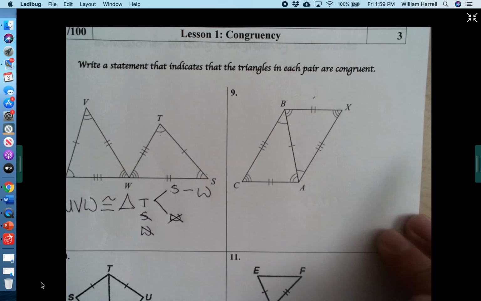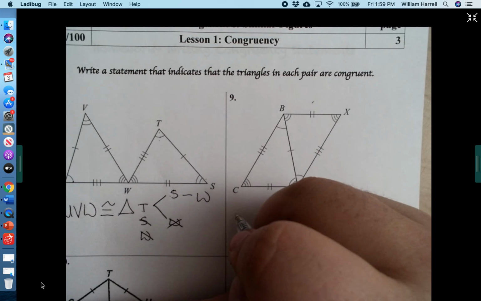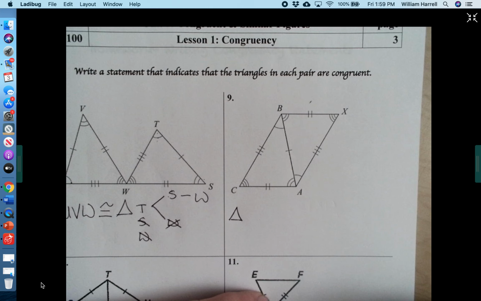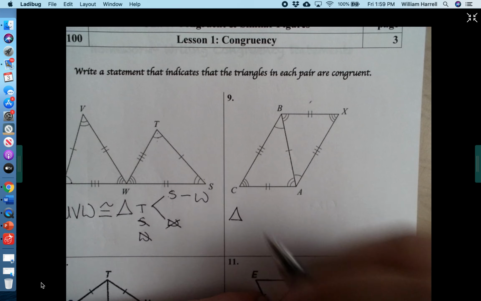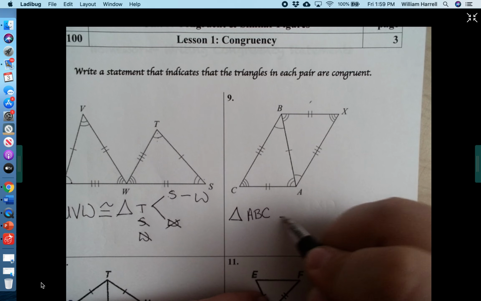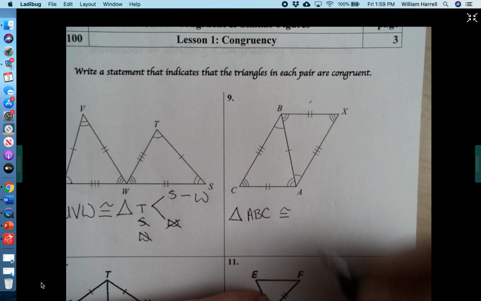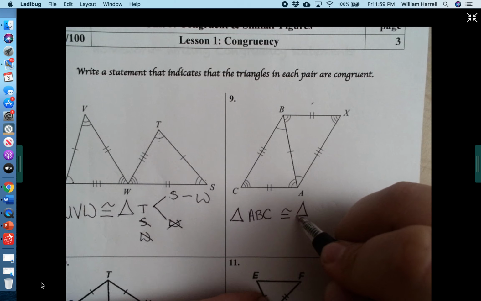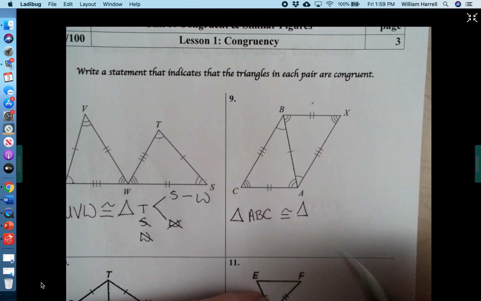So, number 9, what I want you to do is write a congruency statement for triangle ABC is congruent to triangle what?